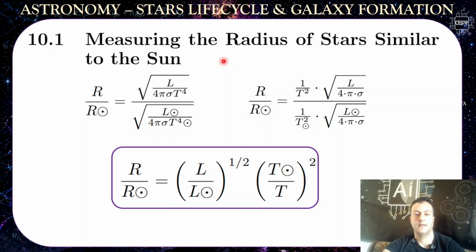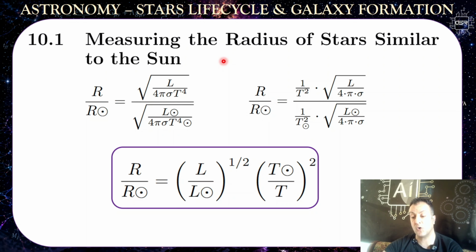Measuring the radius of stars, or should I say in relation to that of the Sun, is inspired by the Stefan-Boltzmann formula. So we can get the radius of a star based on that of the Sun.